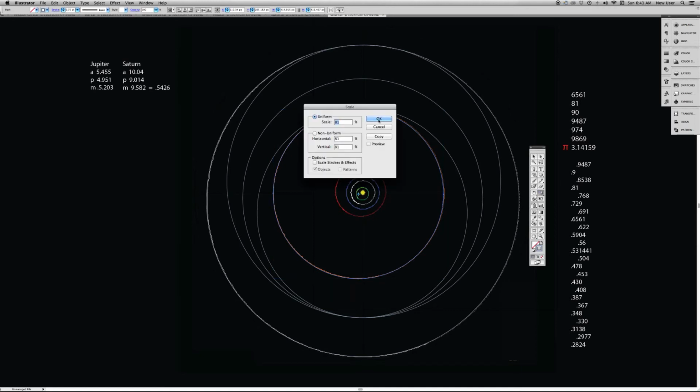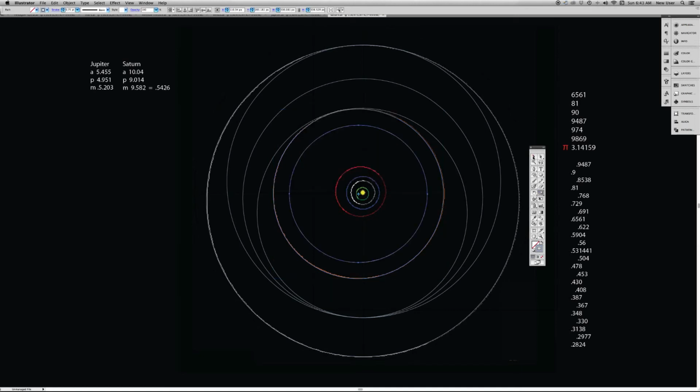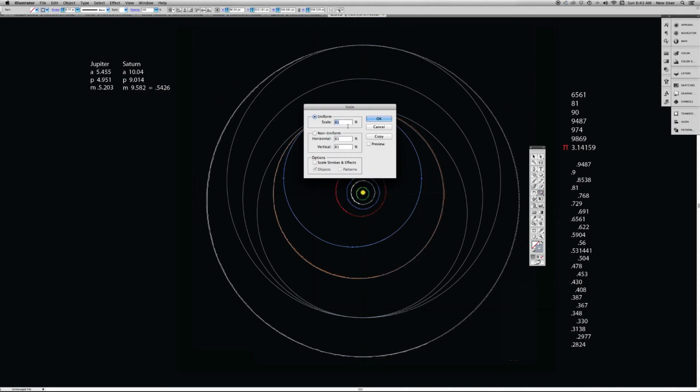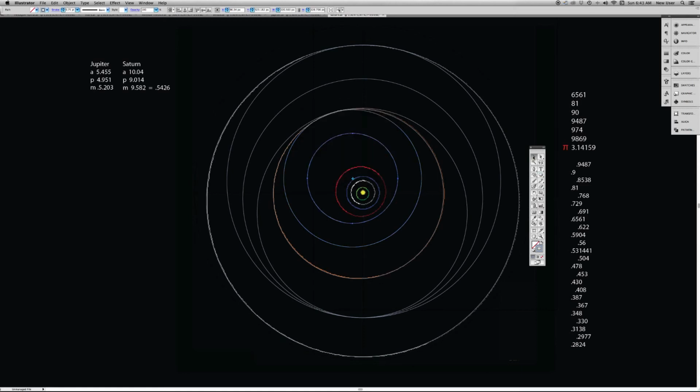Anyway, we had an 81 in from Jupiter as the transfer circle to Ceres, and relative to that circle, Ceres will be at 65.61. So that's Ceres there. About there.